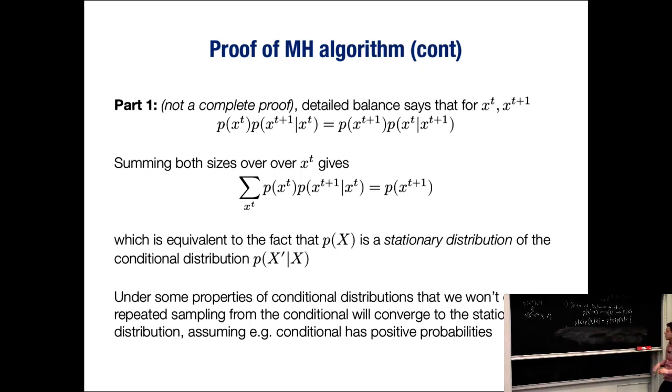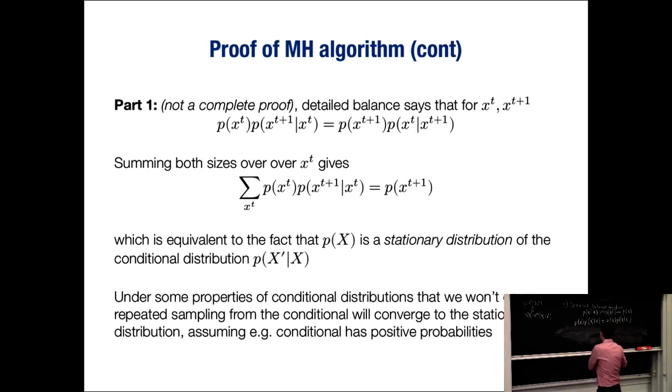Okay, so what's the idea here? Well, the idea is actually really simple. I'm writing it here in terms of x t plus 1 and x t, but basically I can write it in terms of a little x prime and a little x. So the idea here is that, let's see which one I have to sum over.